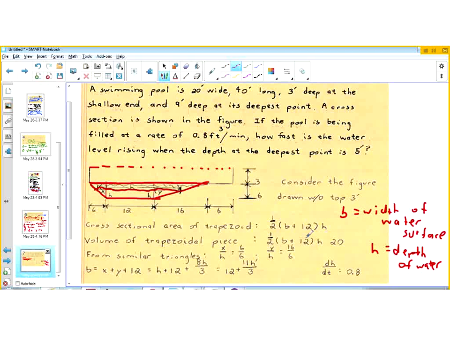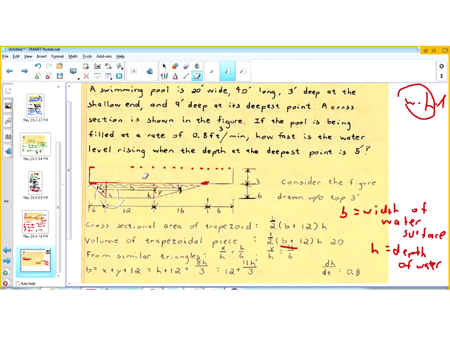So the volume of water in the pool would be the cross-sectional area times the width. Just as with a rectangular box, the volume is width times height times length, where width times height is the area of the cross-section, times the length, or in this case, the width. This would be the volume of the water that's currently in the pool.